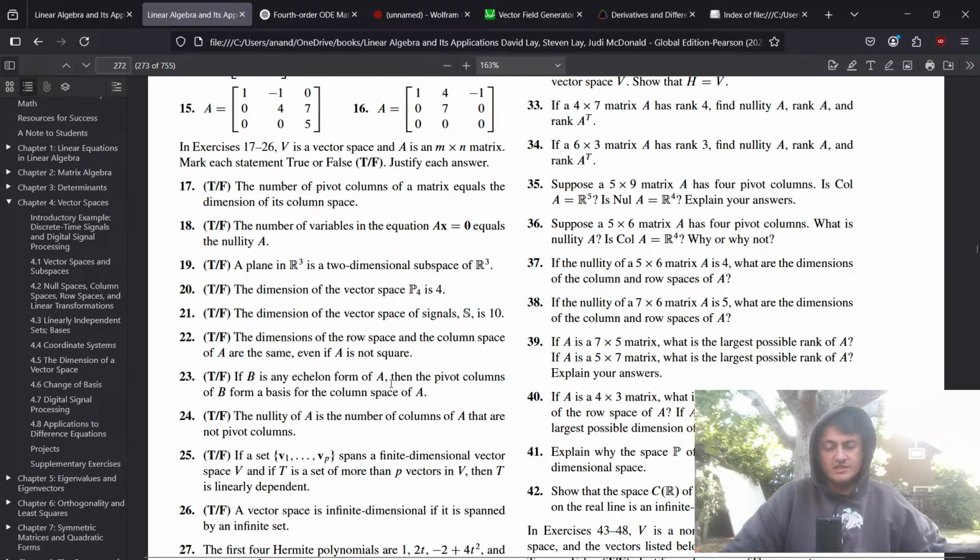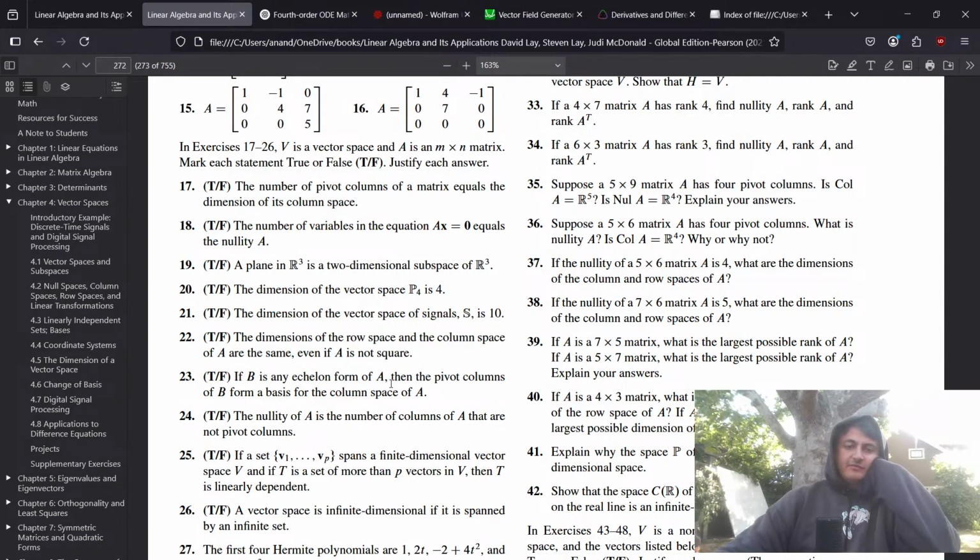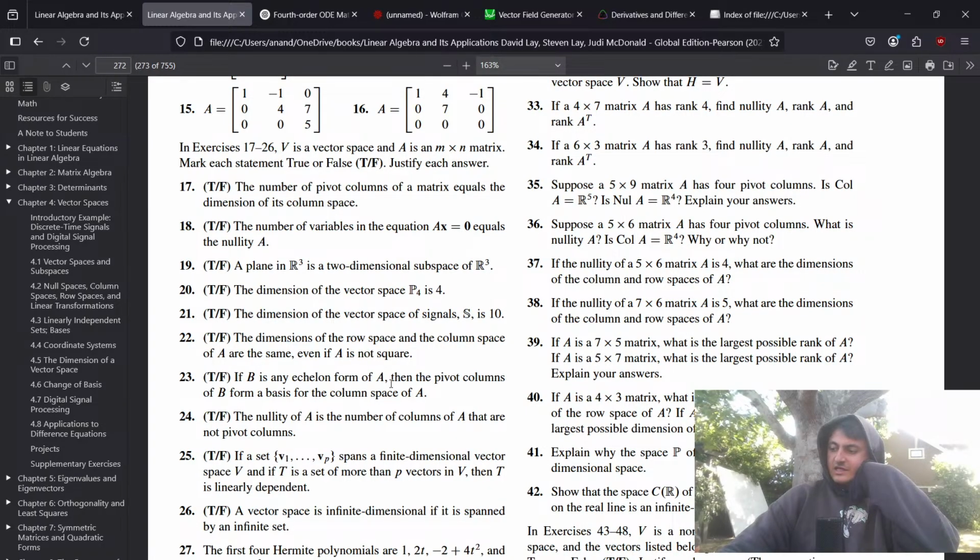If B is any echelon form of A, then the pivot columns of B form a basis for the column space. See, this one keeps coming up. That's false, because when you row reduce something like that, it changes the column space.